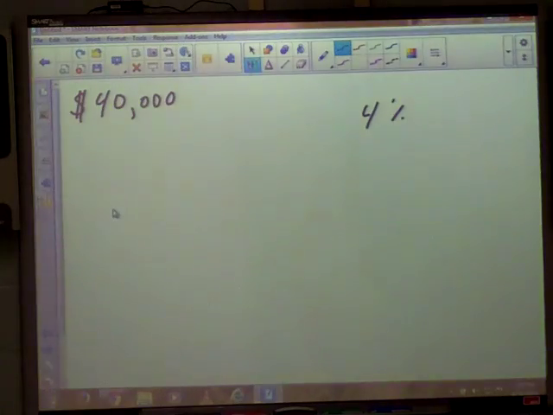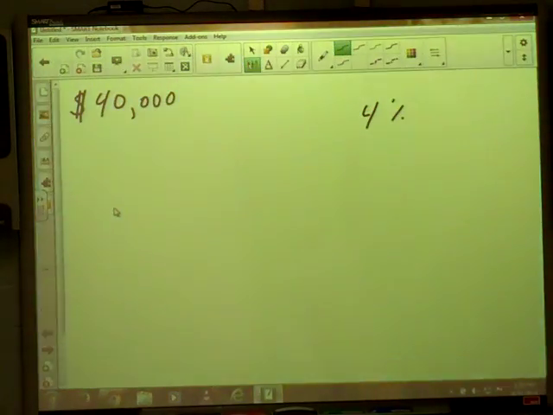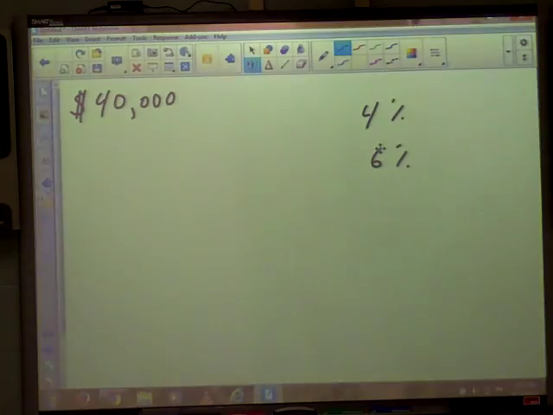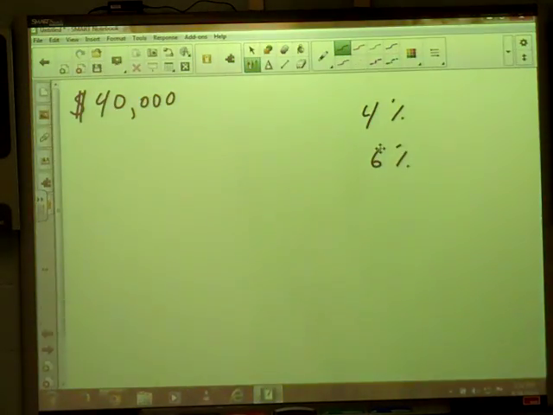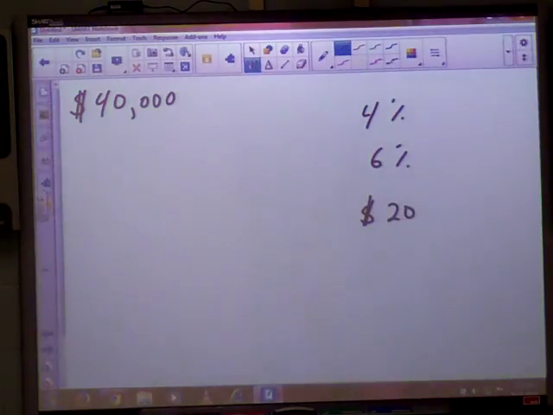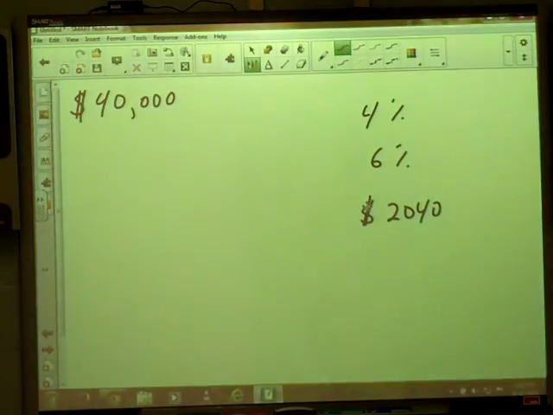Let me just keep reading it and making some notes, and then we'll make our table. We're going to put the remainder of the money into stocks that pay 6% interest. Our accountant tells us that our total annual income from those investments is going to end up being $2,040. How much did we invest at each rate?